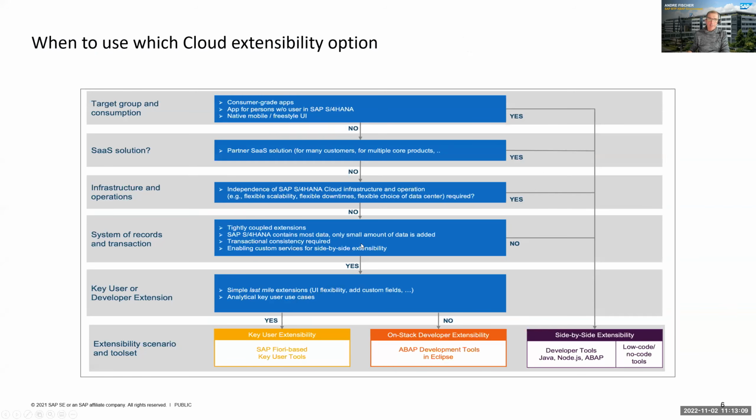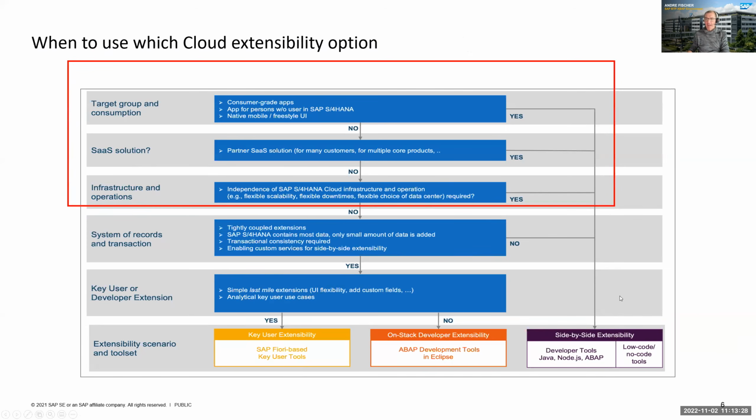So this is how side-by-side extensibility looks and when to use what. I've talked now about different extensibility options, and we will focus here on the side-by-side. If one of the first three questions is answered with a yes, then you will end up with the side-by-side extension.